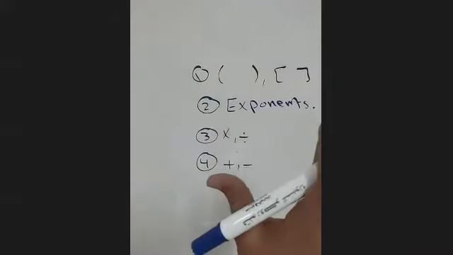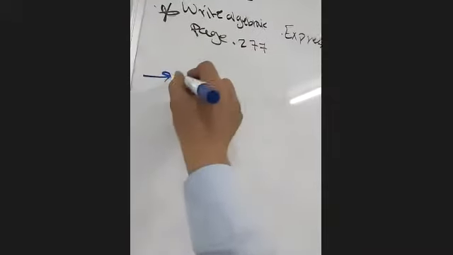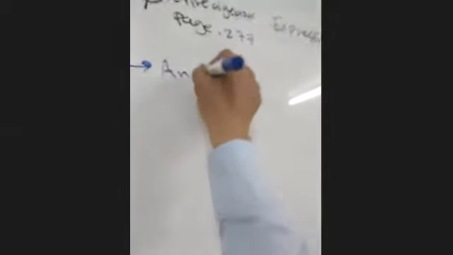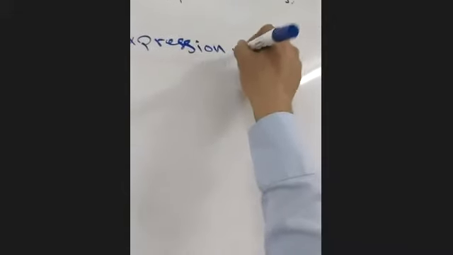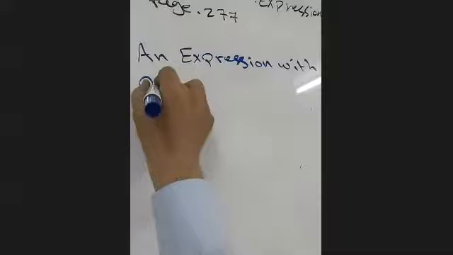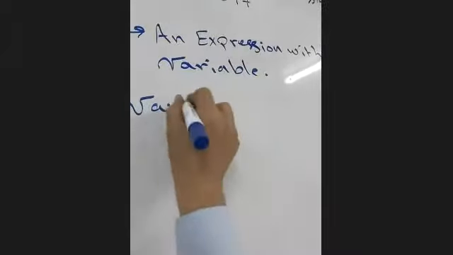Now today, this we did in the numerical expressions. Today we'll do algebraic expressions. Algebraic expressions means it is an expression with variables. Now, what is the variable, guys?